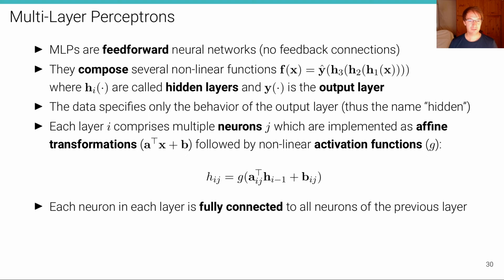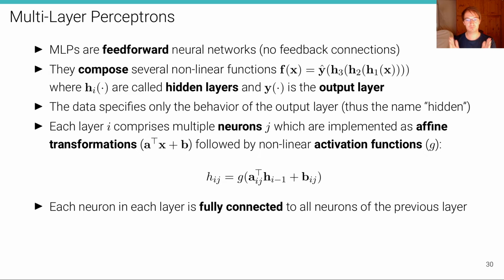Each neuron in each layer, and that's specific to multi-layer perceptrons, is fully connected to all neurons of the previous layer. This is where the structure of these layers becomes apparent, and we'll see that on the next slide. We'll see that there are multiple layers, and there are no connections of neurons within a layer, but there are connections of neurons between layers, and in particular between adjacent layers.